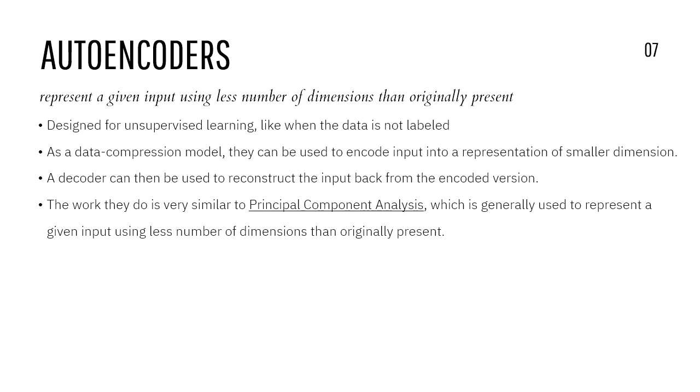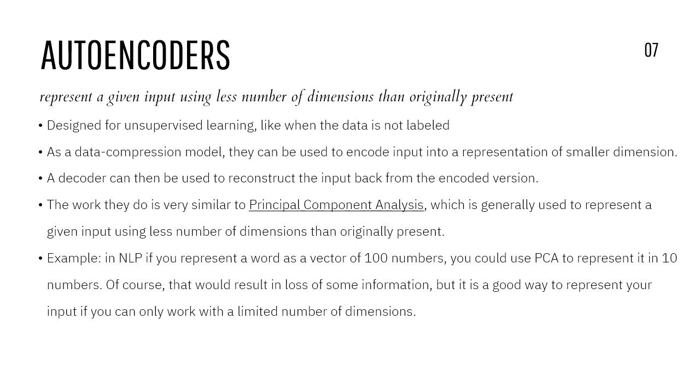They work similar to principal component analysis, which is generally used to represent a given input using fewer dimensions than originally present. For example, in NLP, if you represent a word as a vector of 100 numbers, you could use PCA to represent it in 10 numbers.